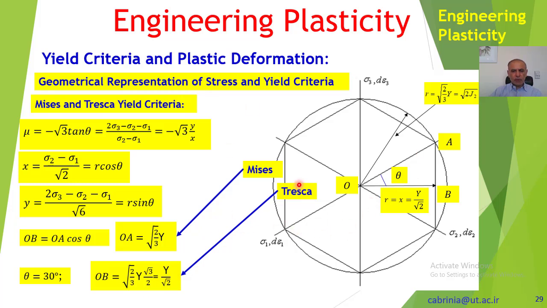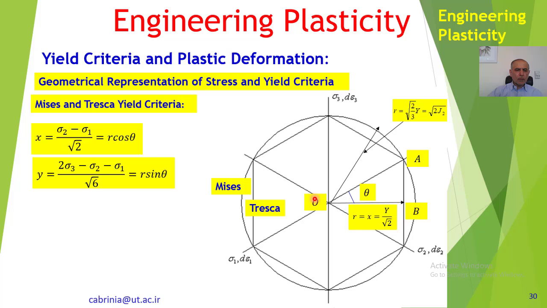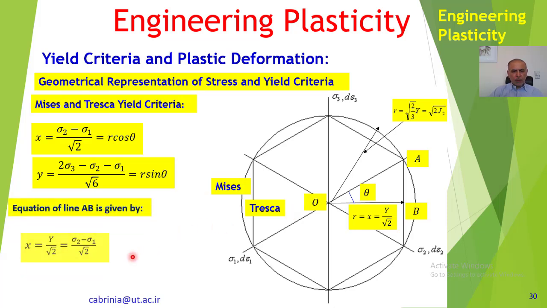So that's for the Tresca, and that's for the Mises criteria in the pi plane. Now, if we continue our discussion, we will get x equal to y over root 2.